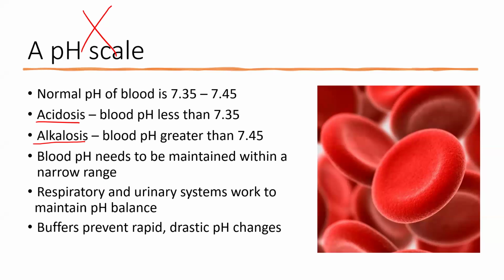In addition, you have things called buffers in the blood that help you mop up extra acid and extra base when they exist, and keep it inside a survivable range. We'll talk more about pH later in the course, and definitely a lot more when we learn about the urinary system and respiratory system next year.